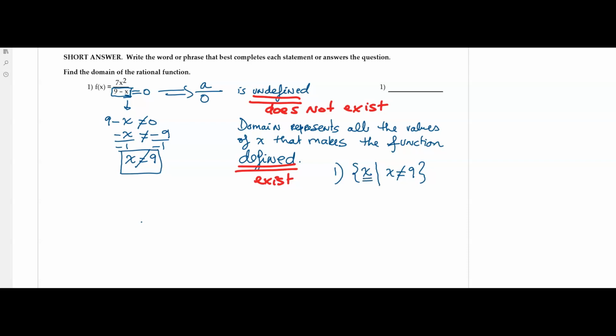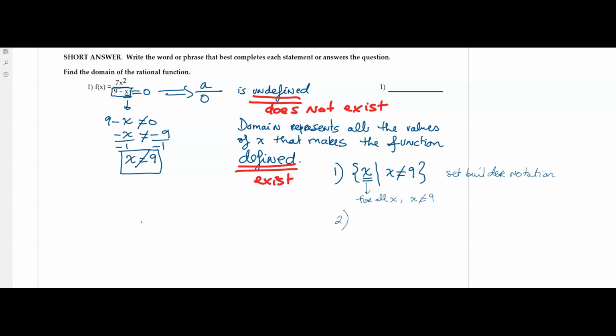Here it means for all x, and then we say x cannot be equal to 9, right? That's it. That's what it means. So that's called the set builder notation, right? I don't know if you're going to use that in Connect Math, but that's one way of representing the domain.